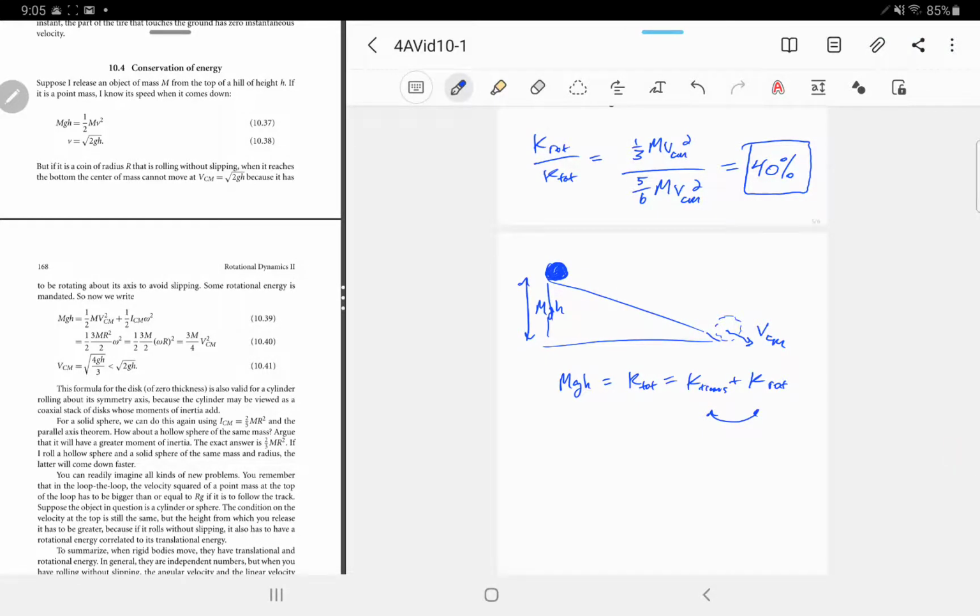So the smaller the I value, the faster the center of mass is moving by the end. So low I values win in this race down the ramp, and high I values lose. A ring, where all the mass is at the edge, has the biggest moment of inertia, m r squared, so that would be the slowest one to make it down the ramp.